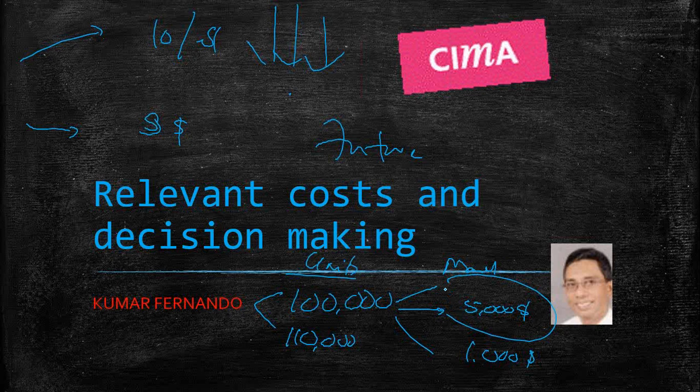So if you sell 110,000, what is the total cost to the company? How much have I got to pay Sam if Sam sells 110,000? What is the total cost?